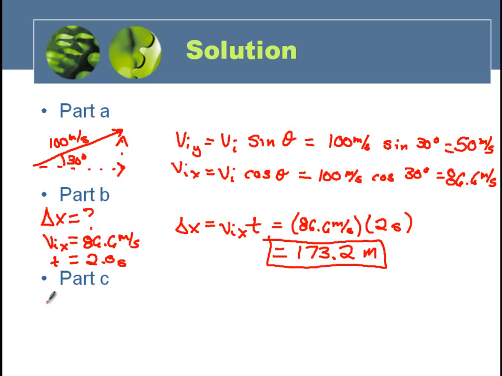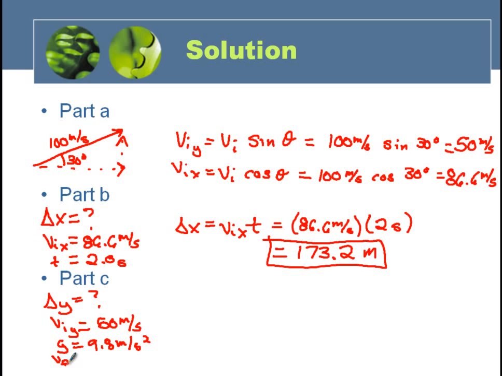Part C is how high is it after 2 seconds, and that means delta y stuff. So we're looking for delta y. Our VIY equals 50 meters per second. Our gravity equals 9.8 meters per second squared.